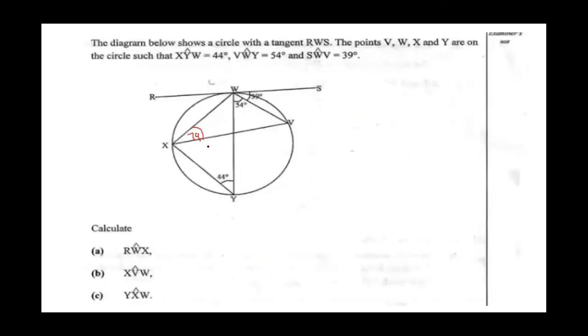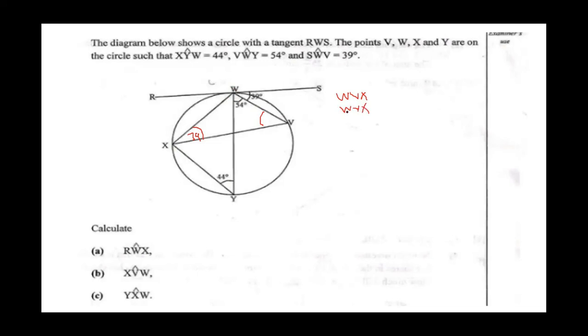All right, so this is what we have, this one here and this one there. Once we know this one here, then we also be on the lookout for the chord. When you see this chord WX here, it has two angles, this angle there and this angle. So these two angles are coming from this chord. So here we have WVX, and we also have WYX.